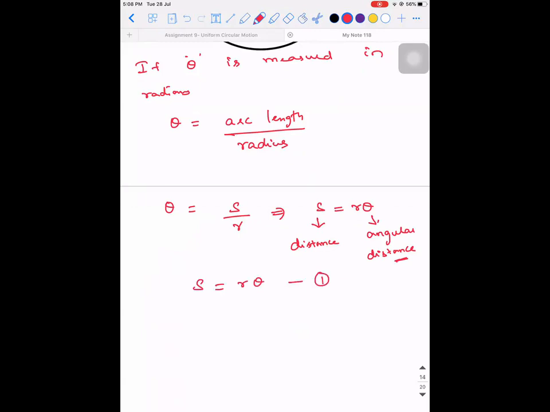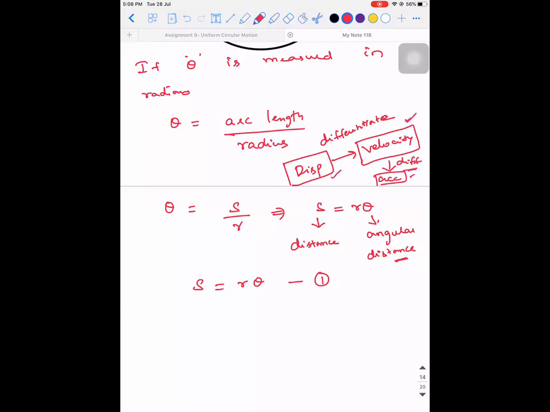Okay. So when you have displacement in your hand, to get velocity, what are we supposed to do? You need to differentiate. From velocity, you need acceleration. What are you supposed to do? Differentiate.